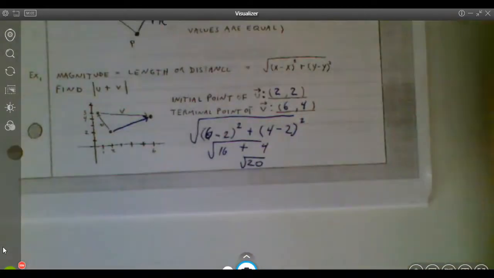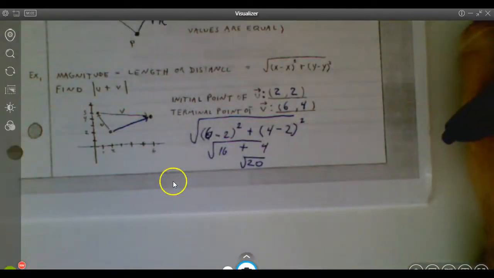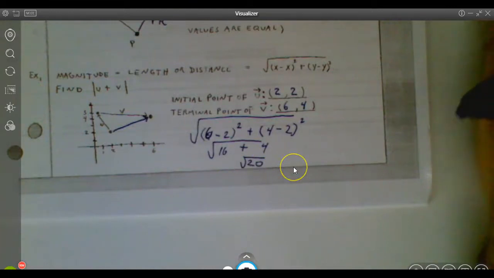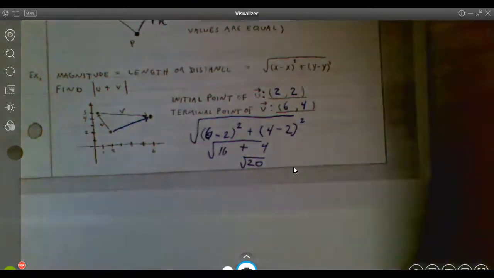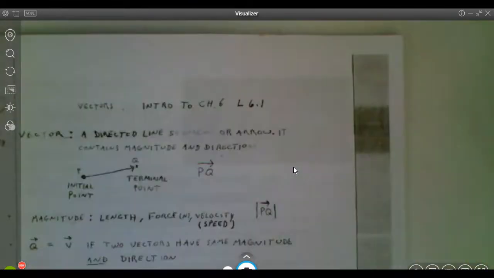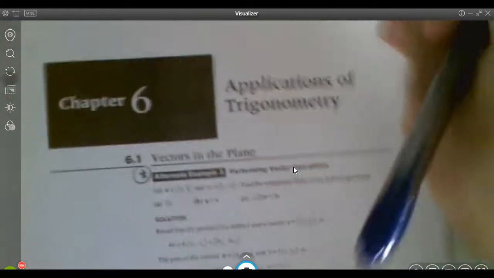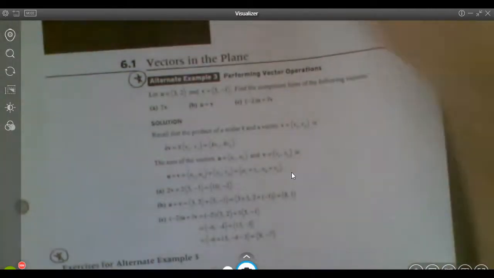And we'll just keep it as that for now. Of course, we could simplify that. We could turn it into a decimal. It just depends on what the directions ask us for. But when you see magnitude, just think back to your basic distance formula or the length of that vector. Okay, so those were my initial notes to help you get started before we actually start doing some of these within our main part of our lesson here.